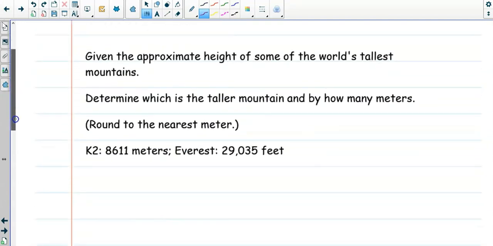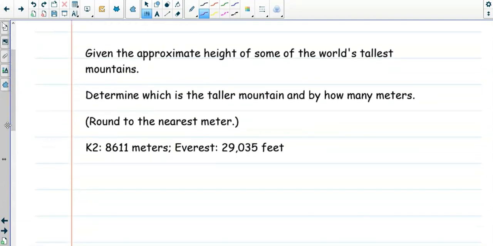So one more kind of problem they're going to throw at you in 9-1, I forgot about this one, is it's going to ask you which one is taller and by how much. So we've got two mountains here. We've got K2, which is 8,611 meters. We've got Everest, which is 29,035 feet.